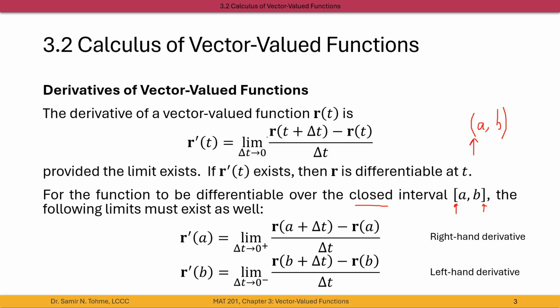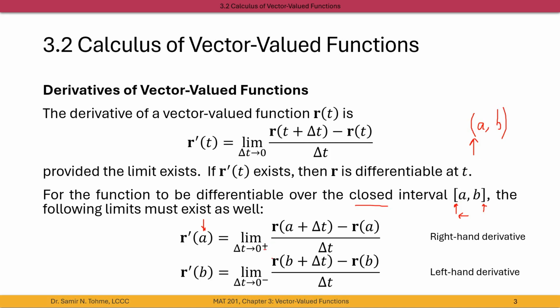So in this case, we'll make a small adjustment in our definition. The derivative of r, which is denoted by r prime at a, is written as the limit as delta t tends to 0 plus, which means that you're approaching a from the right.